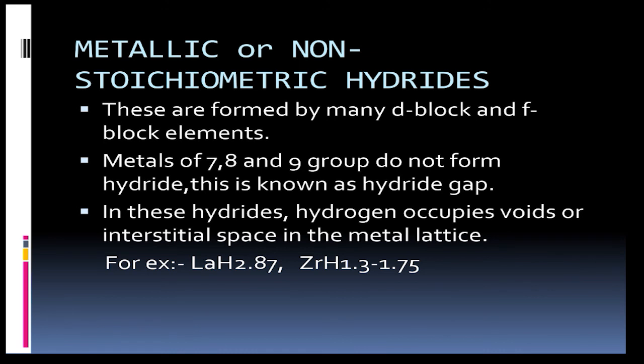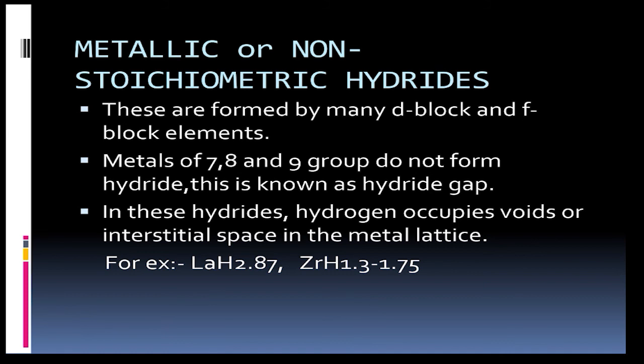Here you can see the examples of these metallic or non-stoichiometric hydrides. Examples are lanthanum hydrides. You see the ratio of lanthanum and hydrogen is not exactly 1:1, but it is more than 1. It means the composition of lanthanum hydride is not equal to the theoretical calculation, but it varies.